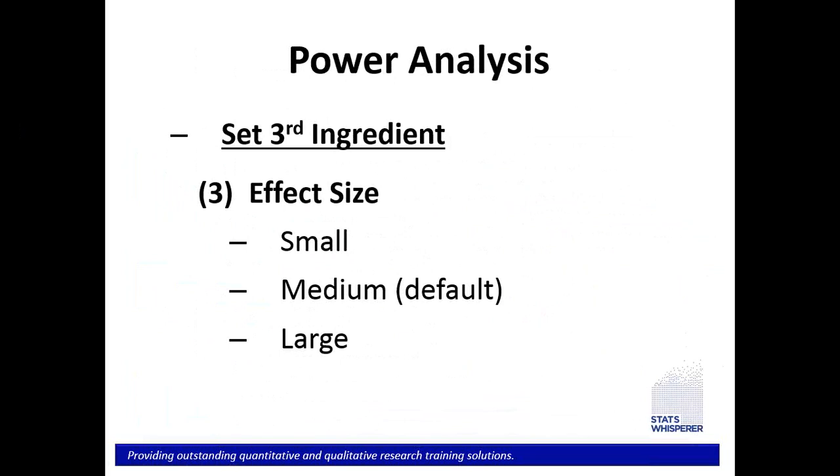A medium impact on your happiness, or a large impact on your happiness? Is it small, medium, or large? Remember that conversation. Now, as a default, it's set to medium. So if there's no reason to choose small or large, the default is to set the effect size to medium.